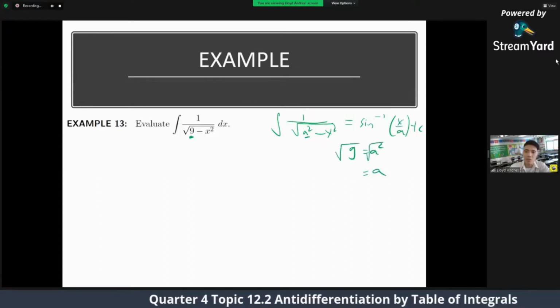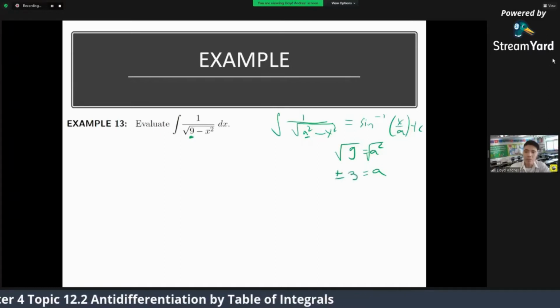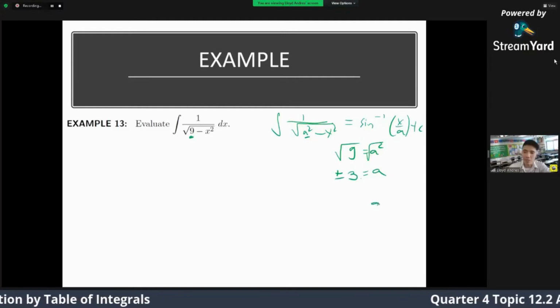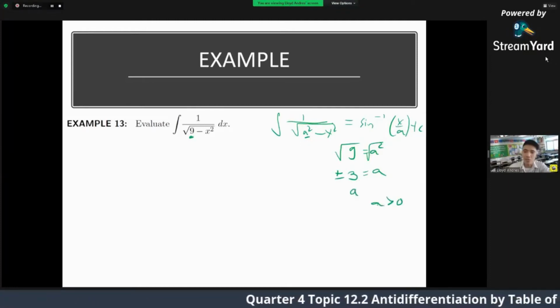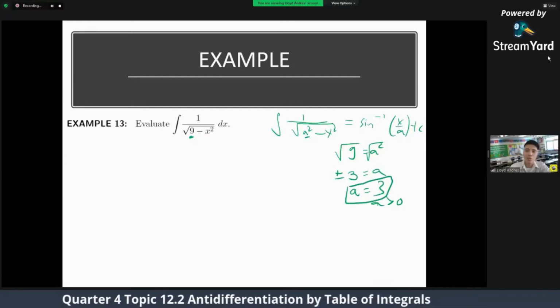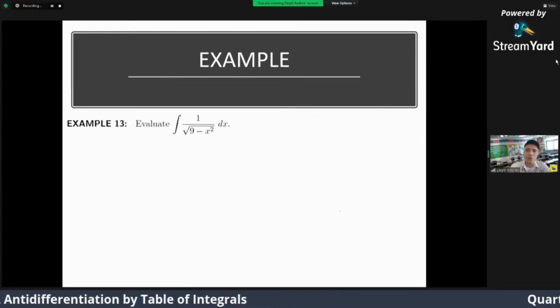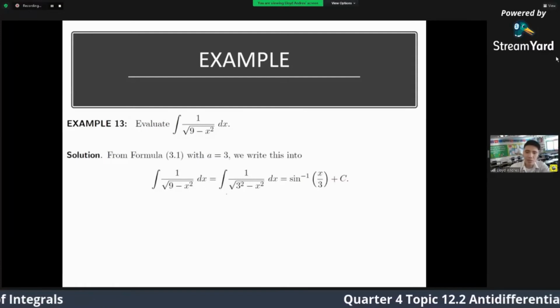So, a must be positive or negative 3. But then, again, katong ingon nako that a must be greater than 0. So therefore, ang final answer nato should be 3 lang. Rejected tong negative 3. So kabalo na ta nga a equals to 3. So therefore, we can now rewrite this one.